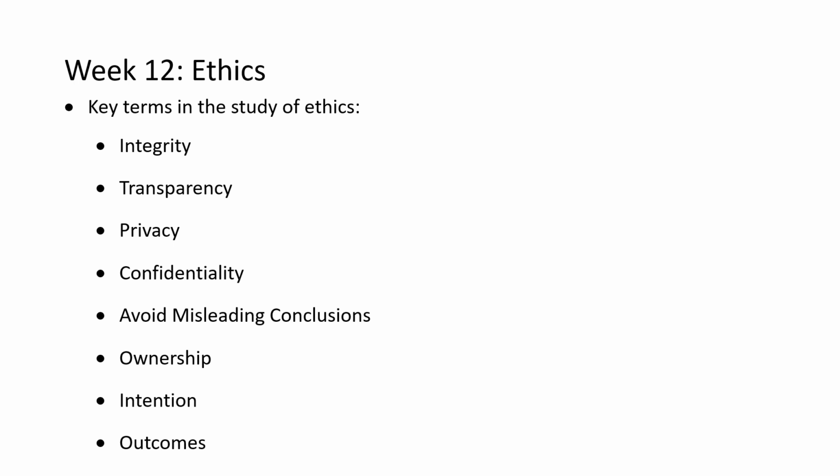The intent to not follow the ethical standards would be considered unethical behavior. But if you have good intention and you still make a mistake, we're human, that's fine. That's not necessarily unethical behavior. And then, of course, being responsible for outcomes. What are the outcomes? And reporting those properly, etc.